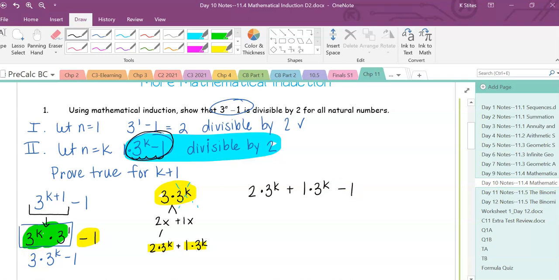And now I want you to look at what you have. You have this, and you have this. And this right here is for sure divisible by 2 because it's a multiple of 2. And this we also have assumed is divisible by 2.